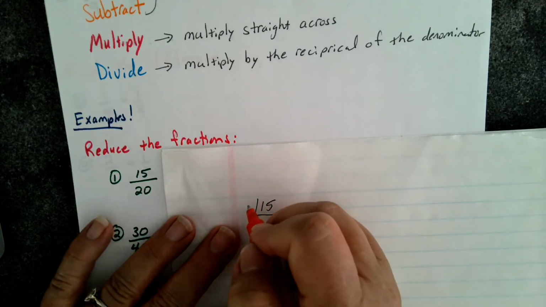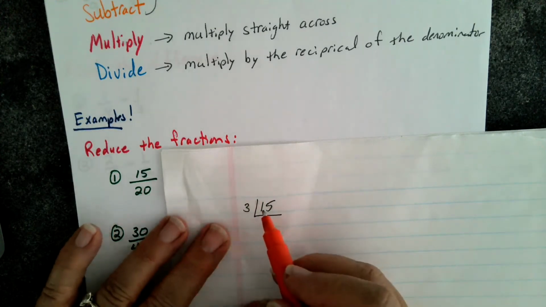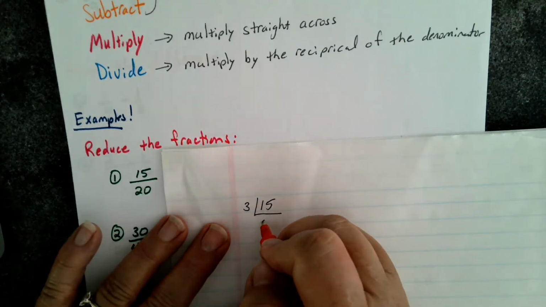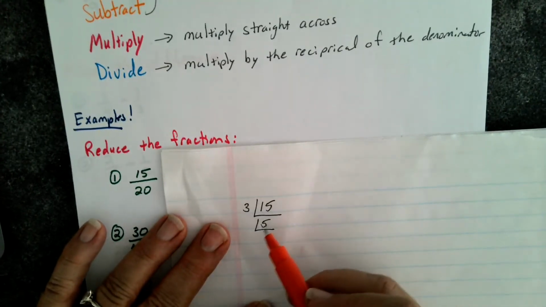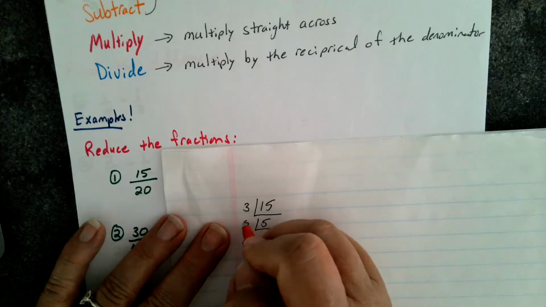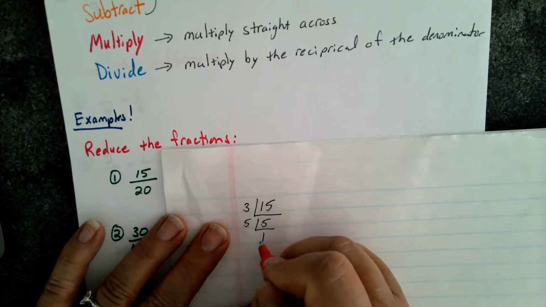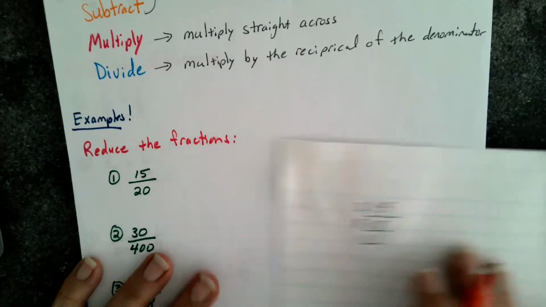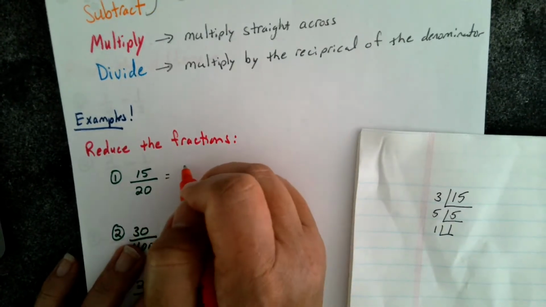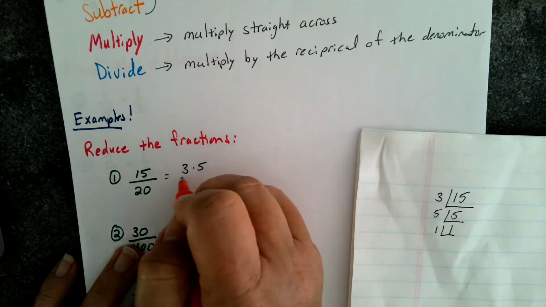I know that 15 is divisible by 3, so I put a 3 out here. Then 3 goes into 15 5 times, and then you draw another one. This is why it's called a ladder. And then the smallest prime number that goes into 5 is 5. 5 goes into 5 one time, and I'm done because I only have one. So the prime factorization of 15 would be 3 times 5.